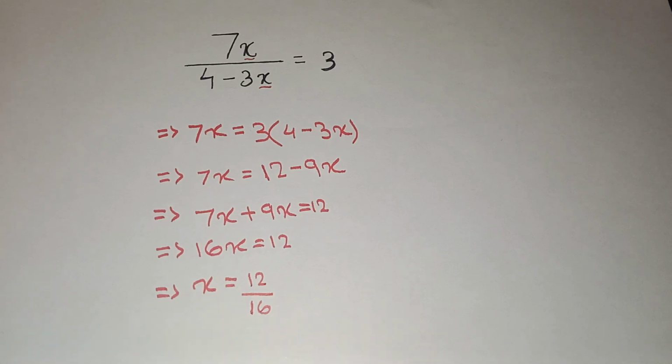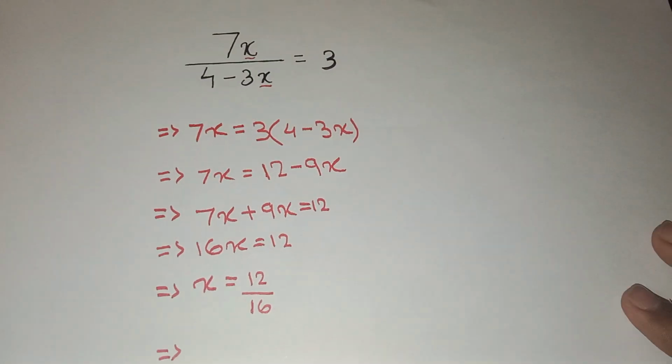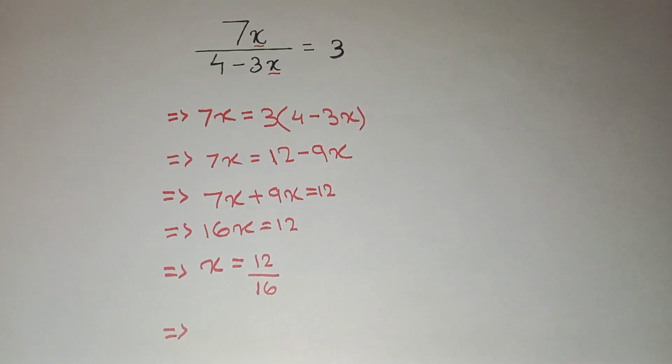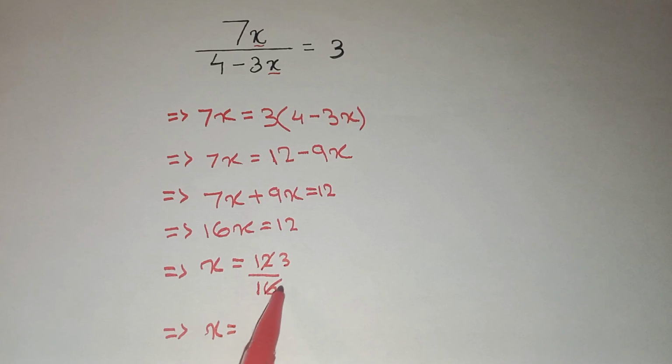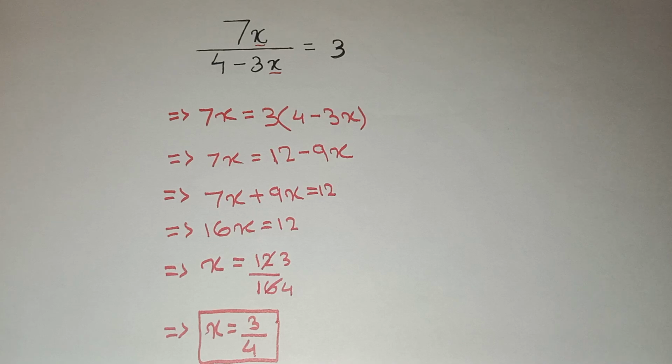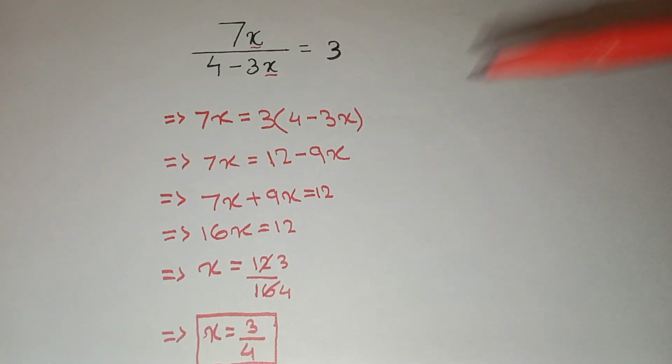Then we reduce it by the table of 4: 4 3s are 12 and 4 4s are 16. So x equal to 3 over 4 is the answer. The value of x we have found is 3 over 4.